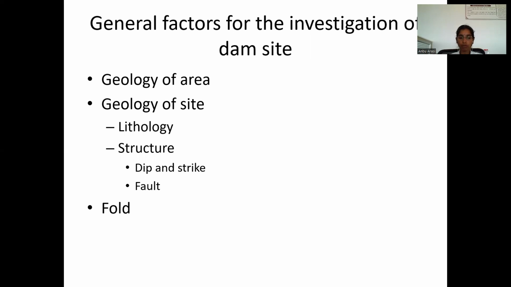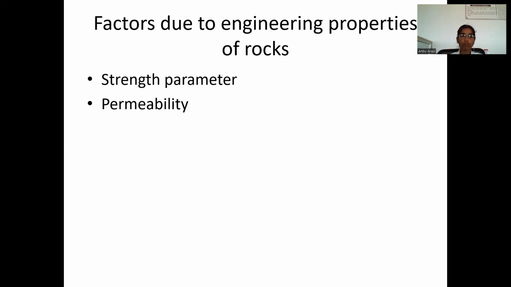Factors due to engineering properties of rocks. First thing, strength parameter. Strength parameter means resistance to the working load of the dam is in the hands of the strength of the beds. Hardness and toughness of the surface is important to avoid seepage.